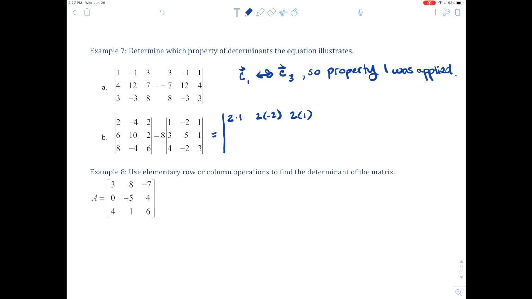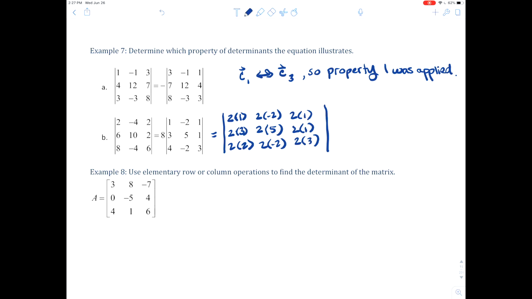And then look, 2 times 3, 2 times 5, and 2 times 1 for that second row. And then, wow, 2 times 2, 2 times negative 2, and then 2 times 3 happened to that third row.